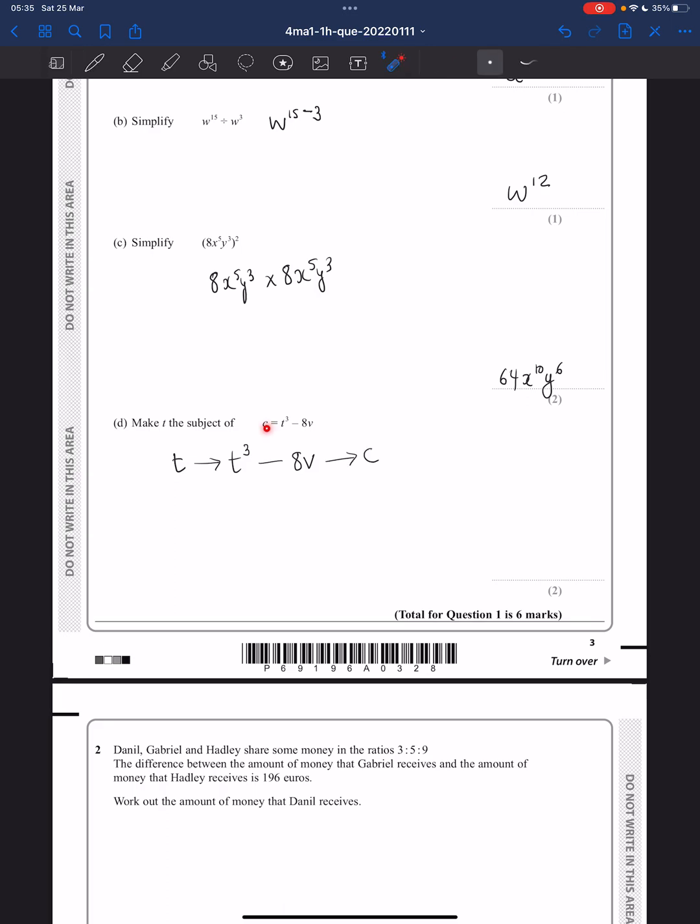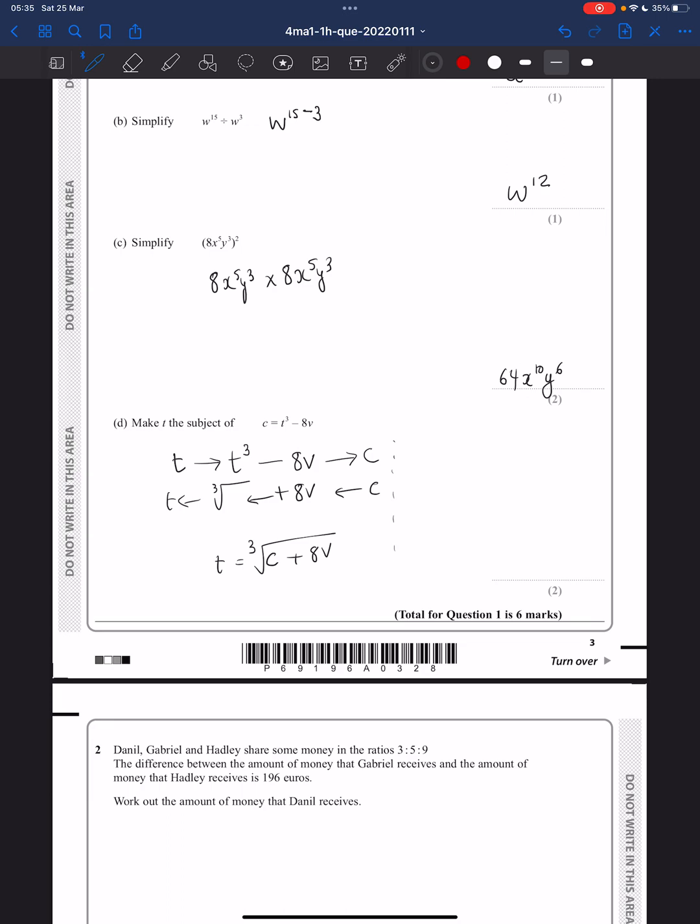So to get c, we do t, cube it, and then take away 8v. So we're going to work backwards. Start with c, then we add 8v, and then we take the cube root, and that will give t. So t is equal to the cube root of c plus 8v.